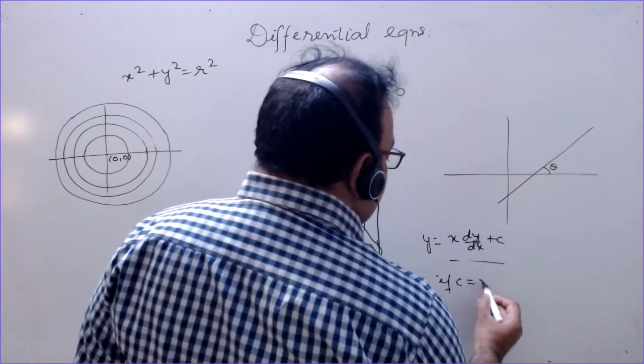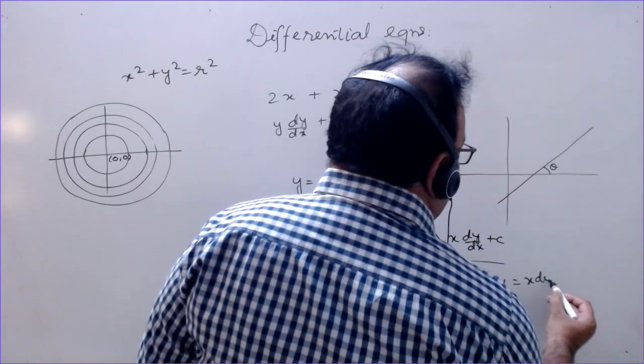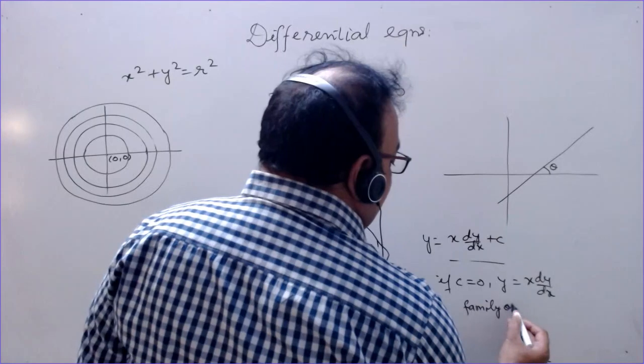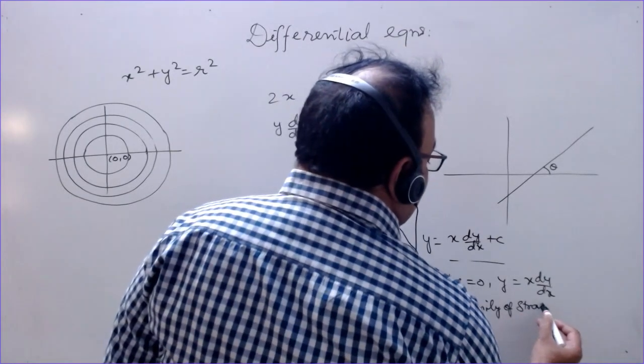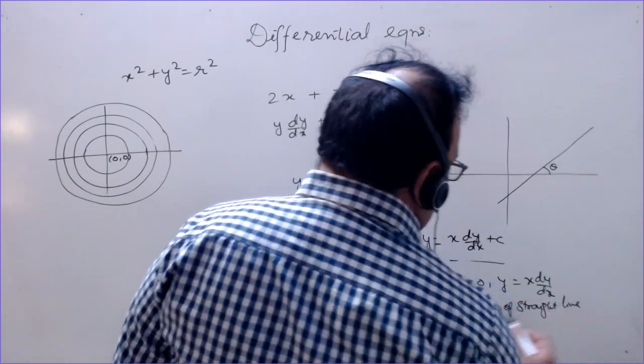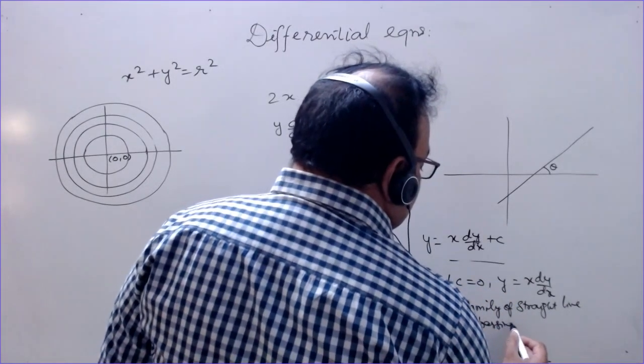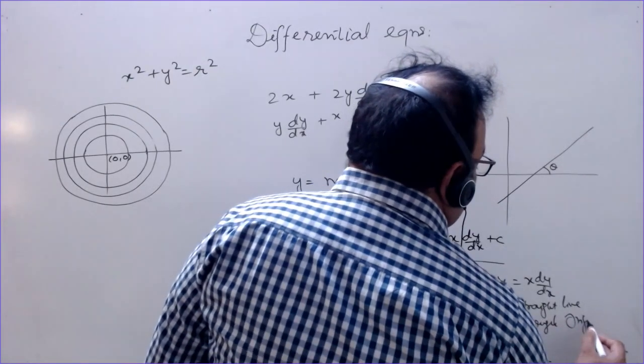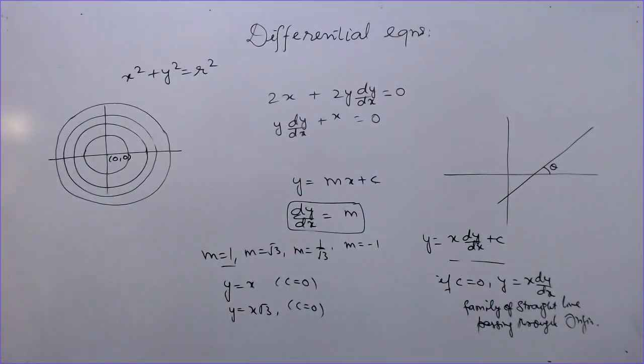If c is 0, then y is x dy by dx, so this represents a family of straight lines passing through the origin. So this is the geometrical meaning of the differential equation. Now we can solve some examples from this part.